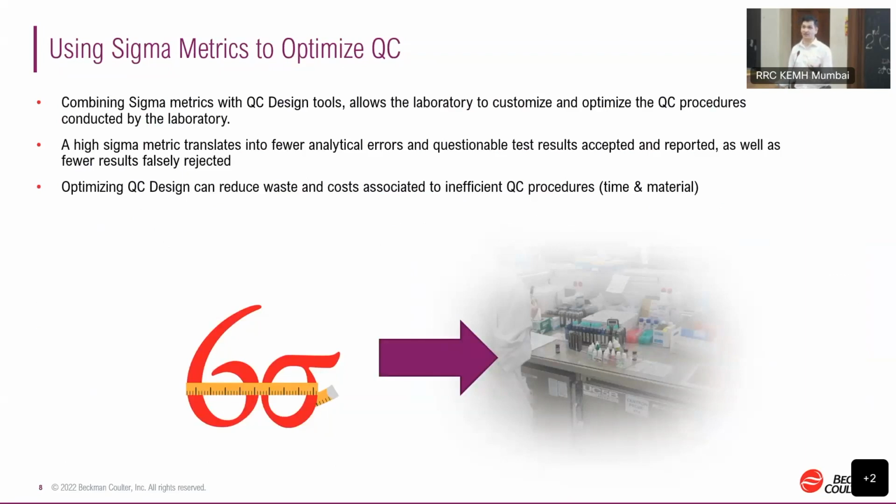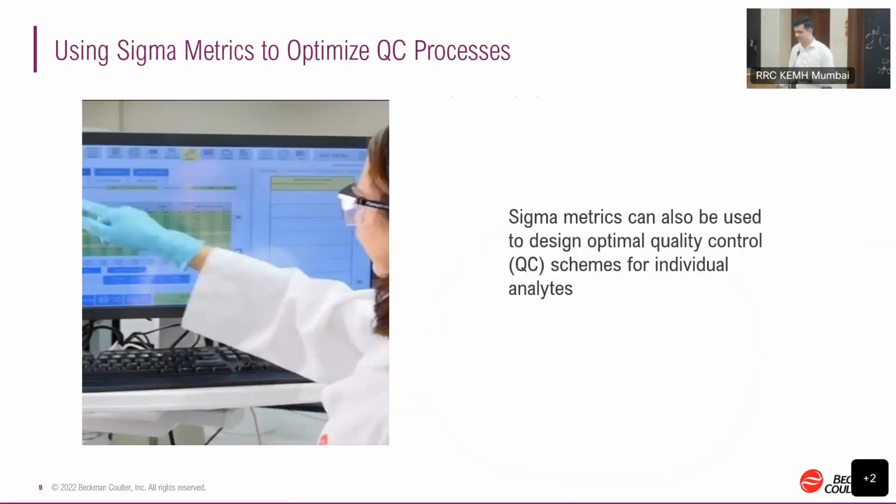So we can say this parameter performs at more than 6 sigma, more than 3 sigma, and so on. Also, it can be used to design optimal quality control schemes for individual assays or groups of assays or profiles. So how do we do that?